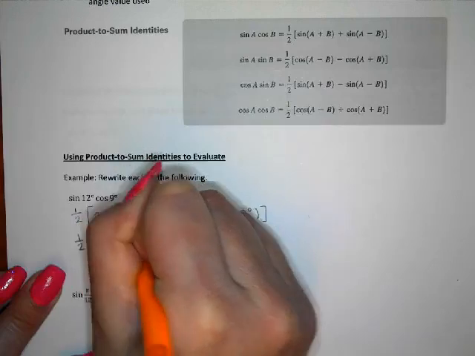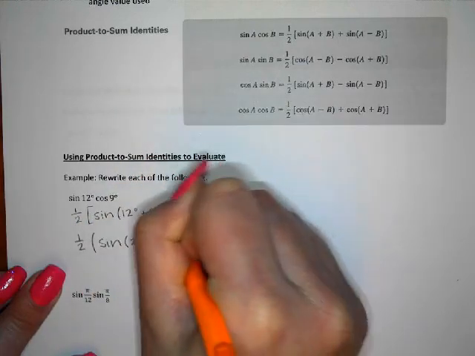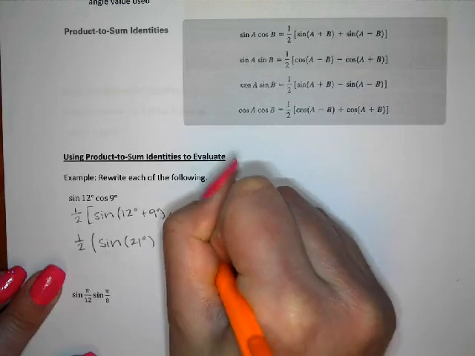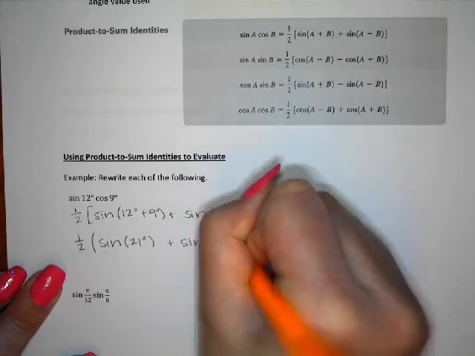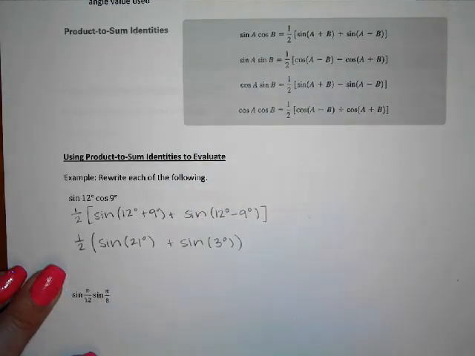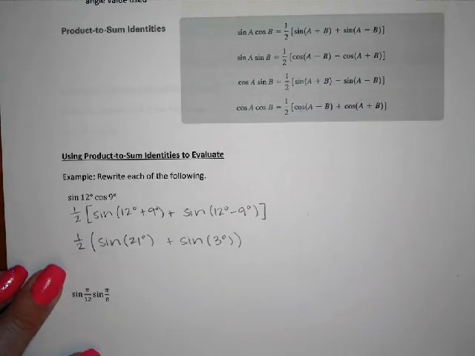So 12 plus 9 is 21, and sine of 3. So half of sine 21 plus sine 3.